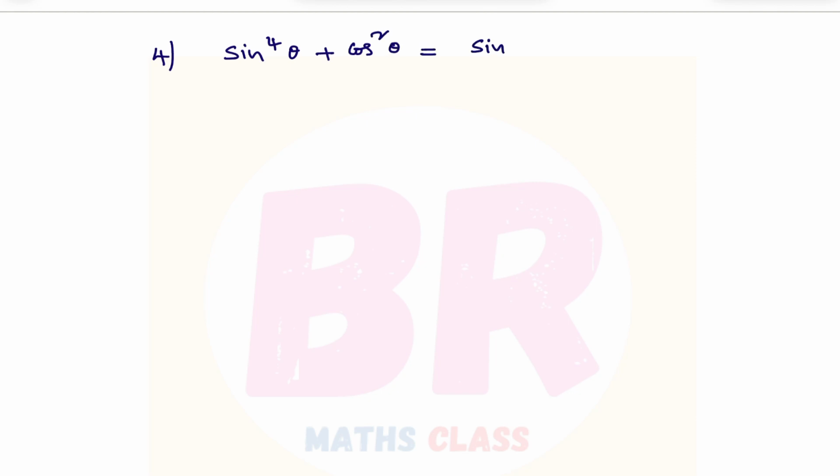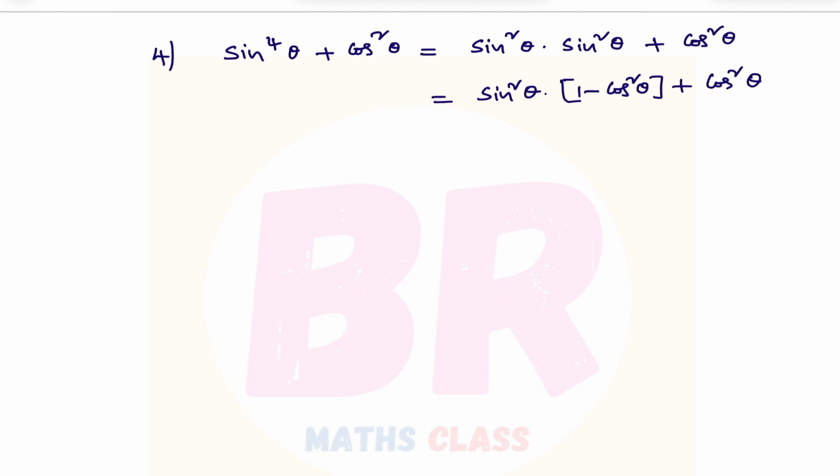Sin power 4 theta, I'll write it as sin square theta into sin square theta, plus cos square theta, I'll write it as it is. Okay, sin square theta into this sin square theta is there, right? That we can write as 1 minus cos square theta plus cos square theta. Okay, now multiply sin square theta into 1, that is sin square theta, minus sin square theta into cos square theta plus cos square theta.